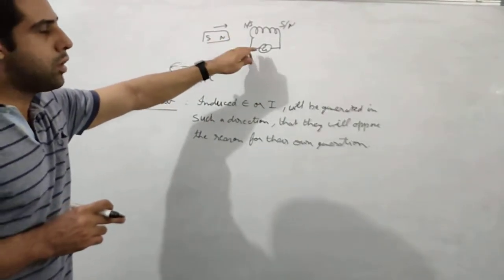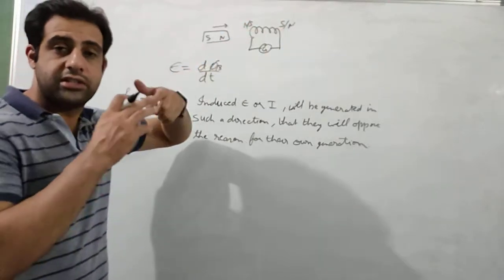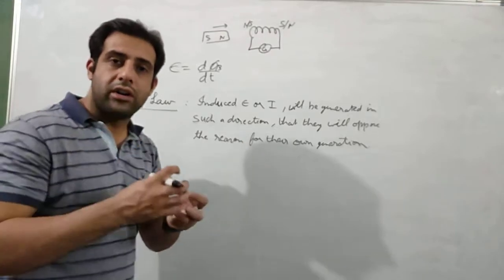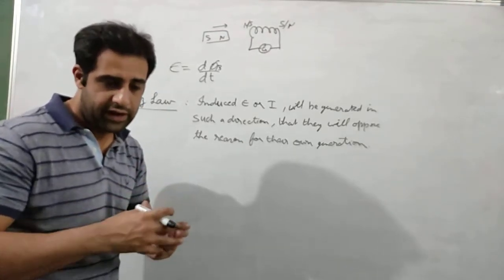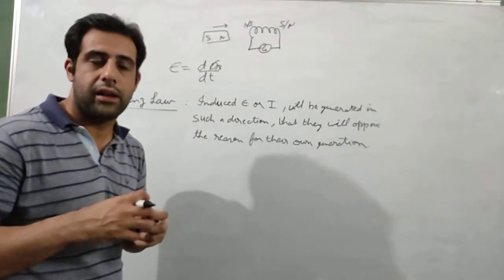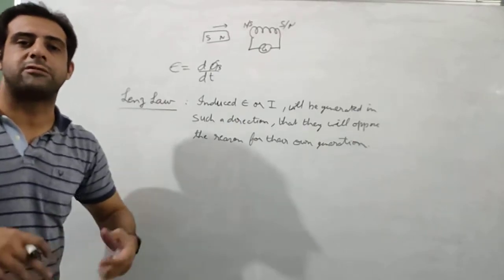If the reason for generation of induced current is that we are changing the area of the coil, then the induced current will oppose that. If we are expanding the area, then induced current and EMF will try to contract the area. If we are contracting the area, the induced current and EMF will try to expand the area.